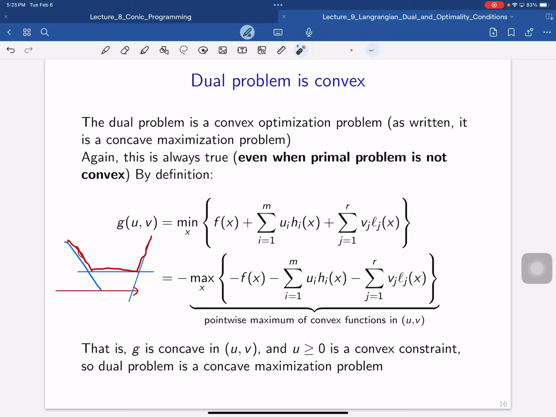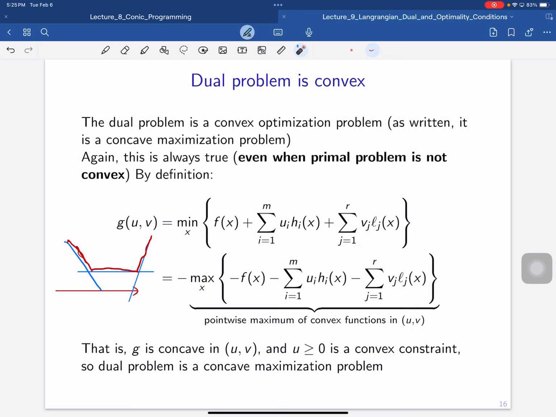Here, since the functions we are talking about are linear in U and V, those functions are linear although they are nonlinear in X. So if you take the maximization over X, it's like you are maximizing over all the X for a bunch of linear functions.